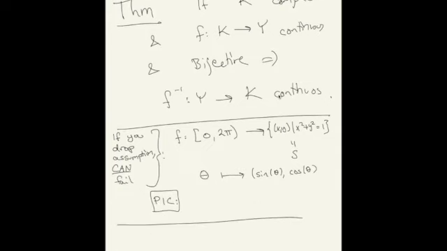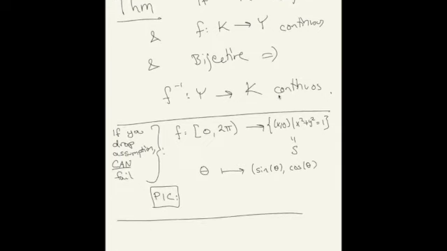To give an example where this fails, and I won't justify this, but to show that you actually do have to be careful, this is a quite familiar function. On the domain side, you have the half open interval 0 to 2 pi, and then you map it to sine and cosine.